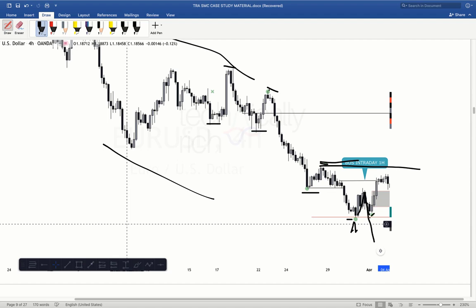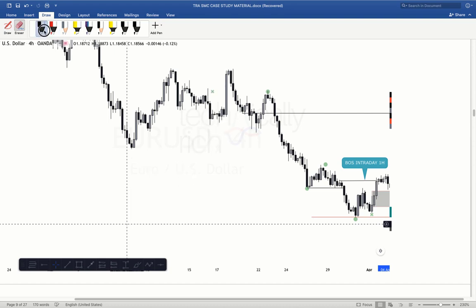They failed to create a new lower low. So we have that failed lower low there, on the 4 hours time frame.